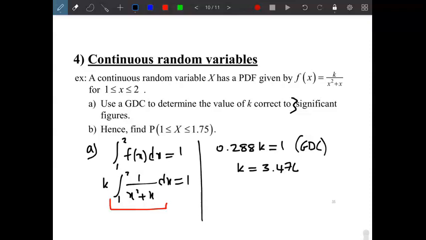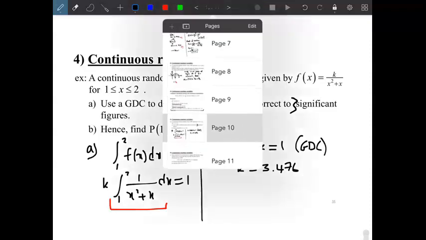Now in part B, hence we need to find the probability of x being between 1 and 1.75. So, on a new blank page, in part B we need to find the probability that x is between 1 and 1.75.